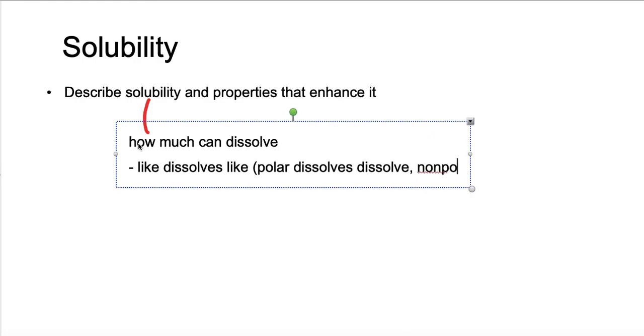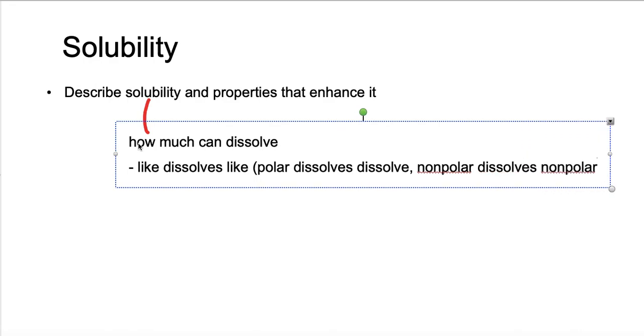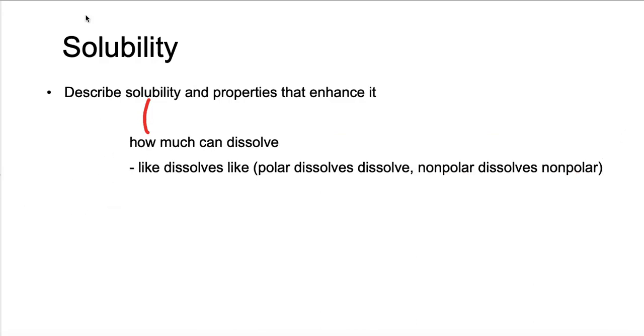Or nonpolar dissolves nonpolar. And so the type of molecule that there is will depend on that. Now, ionic substances dissolve in polar as well, and so how much can dissolve depends on that. So it all relates to IMF as well.